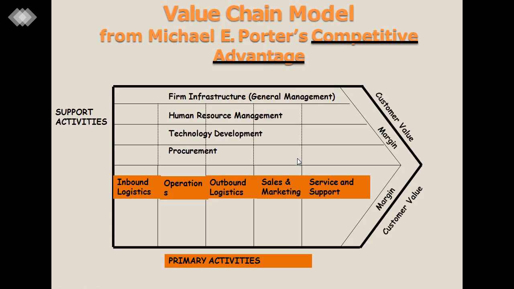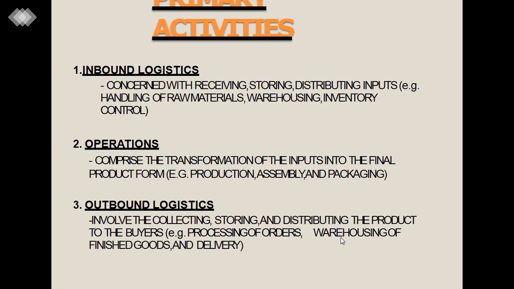In primary activities, the value chain model is from Michael E. Porter on competitive advantage. This diagram also shows the primary activities and support activities, which are helpful for customer value. Now, in primary activities, inbound logistics is concerned with receiving, storing, and distributing inputs, with examples like handling of raw materials, warehouse inventories and control.